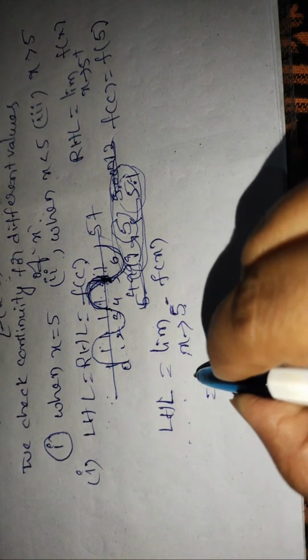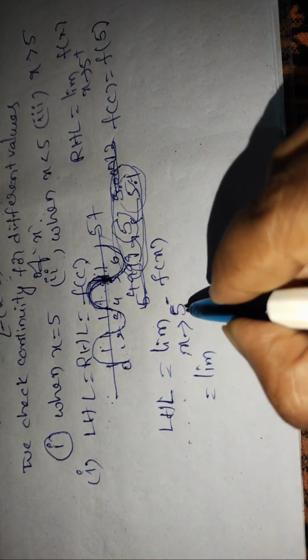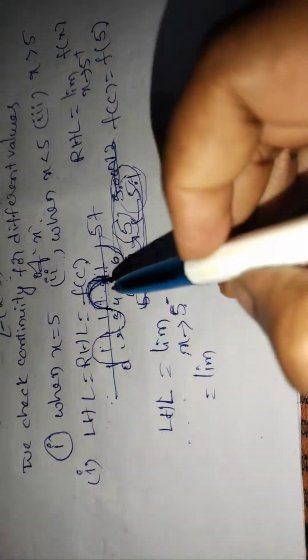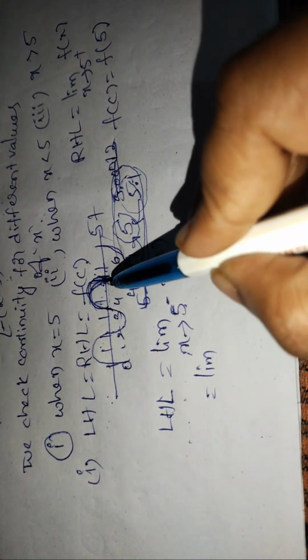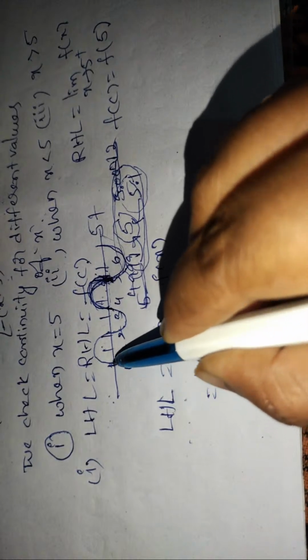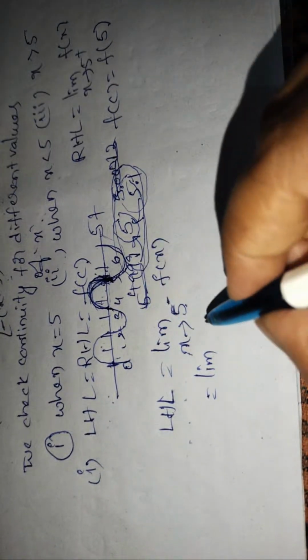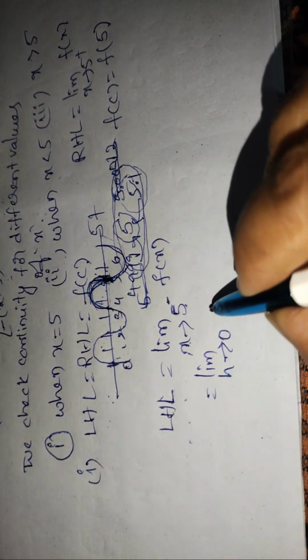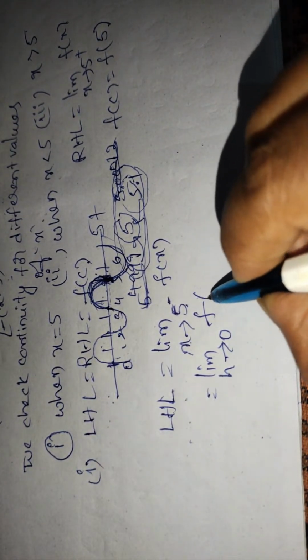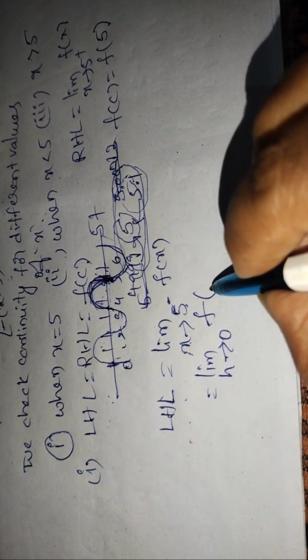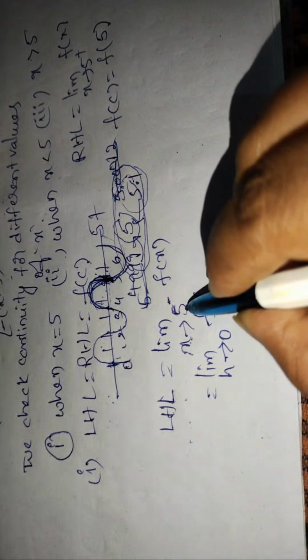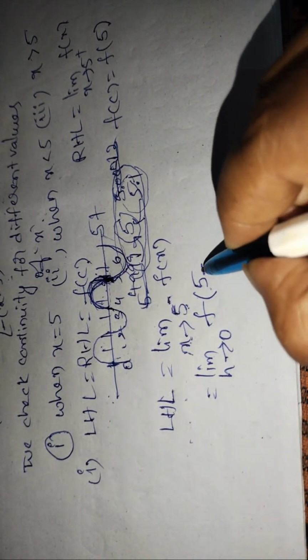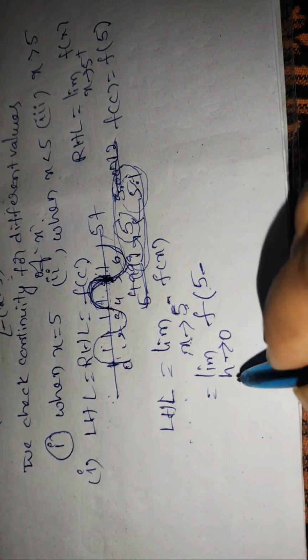LHL is equal to limit, actually 5 minus. 5 minus means the point is slightly less than 5, where exactly I don't know, so I start from 0. I'll change the variable x to h, h tends to 0. In f of x, x I am going to replace by 5 minus, since x tends to 5 minus, and in the x plus, what did I write? h.